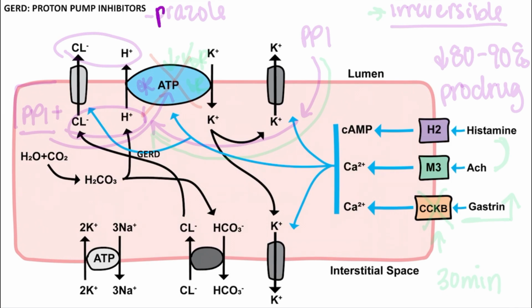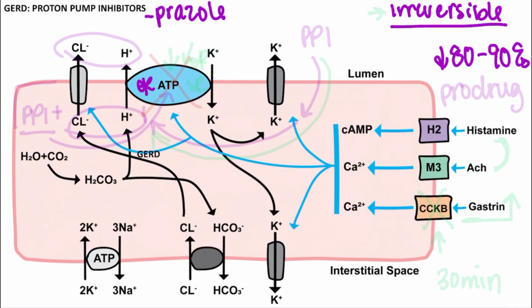And what's notable is they all end in this prazole ending. These agents act as irreversible inhibitors of gastric acid hydrogen potassium ATPases. And typical daily doses actually reduce daily acid production by about 80 to 90%.